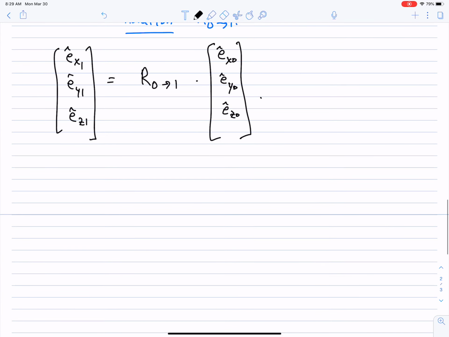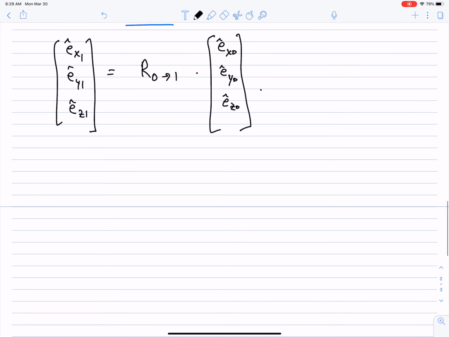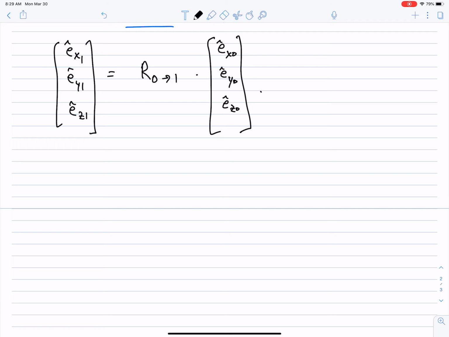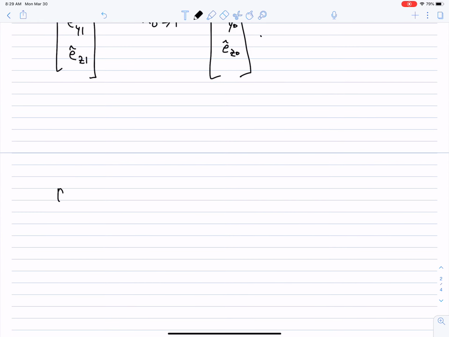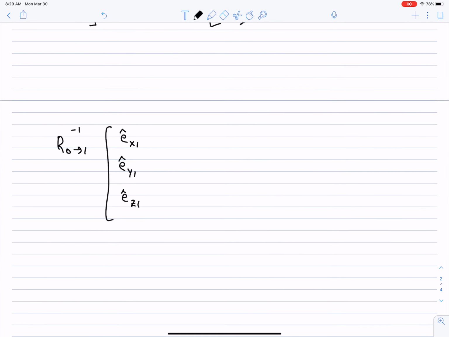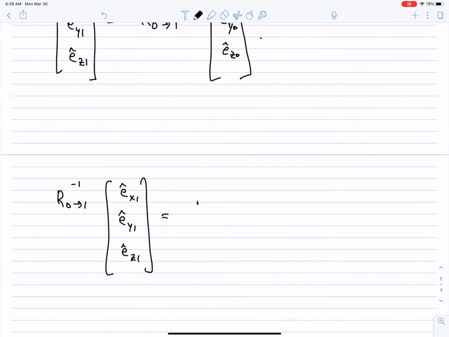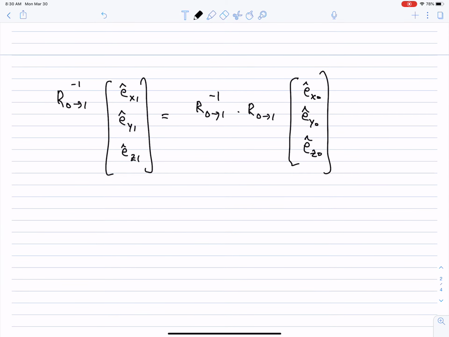And if you follow the mechanics of matrix algebra, you can pre-multiply both sides by the inverse of R0 to 1, and of course you have the inverse of that times R0 to 1 times EX naught, EY naught, EZ naught. Of course, this gets us an identity.